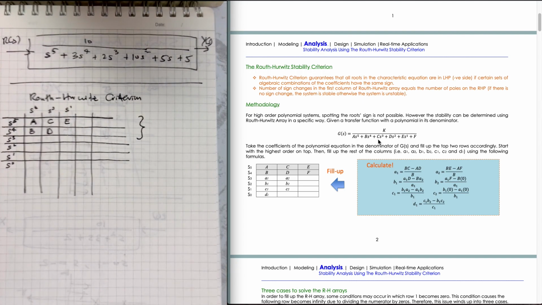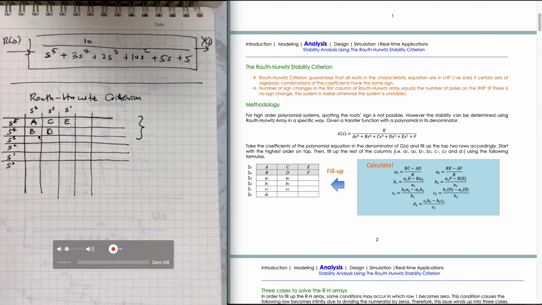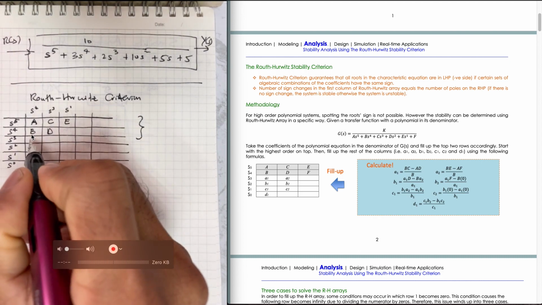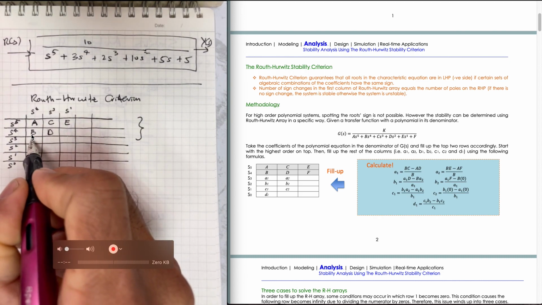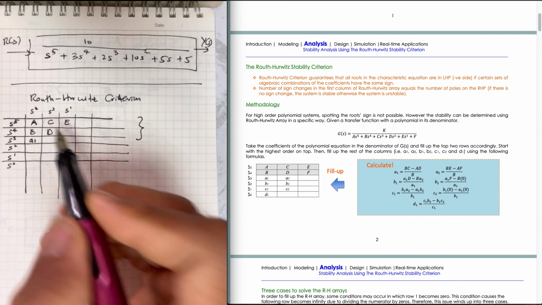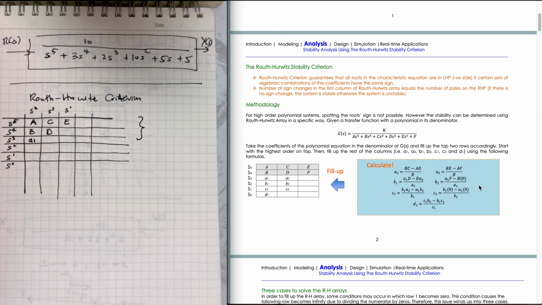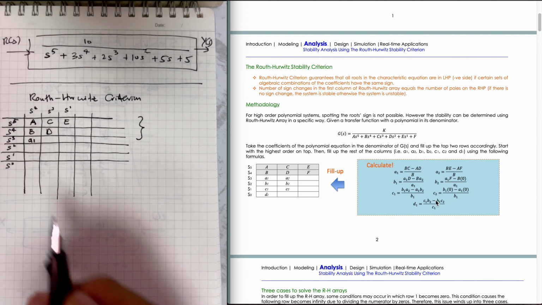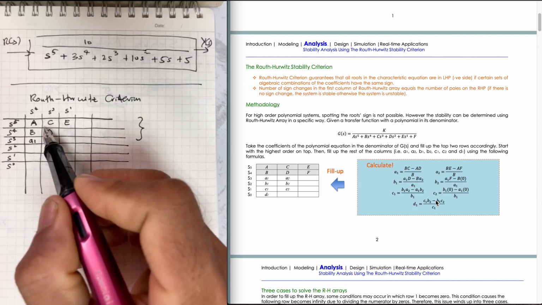Once we have this, we have to calculate the rest of the values. Now come to A1. We need to use the formula in the table to calculate the A1 value, so we just follow this pattern.